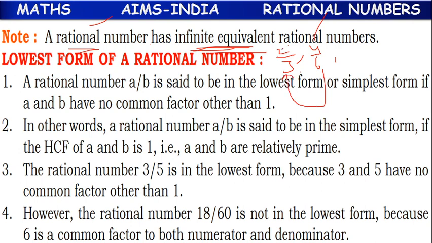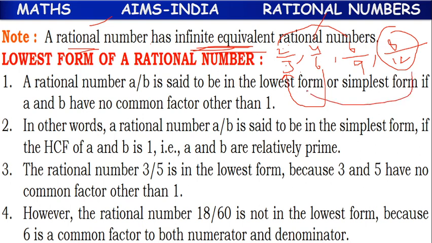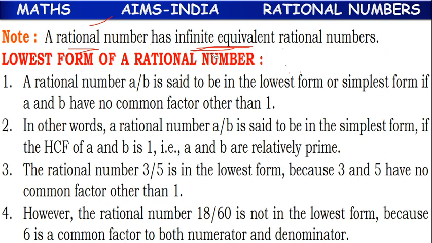Or if I multiply both by 3, 2 times 3 is 6, 3 times 3 is 9, so 6 by 9 is also equivalent to 2 by 3. Or if I multiply with 4, 2 times 4 is 8, 3 times 4 is 12, 8 by 12 is equivalent to 2 by 3. So one rational number has infinite equivalent rational numbers.